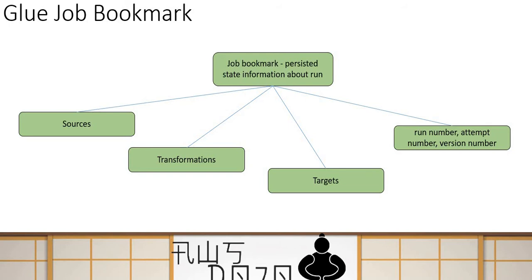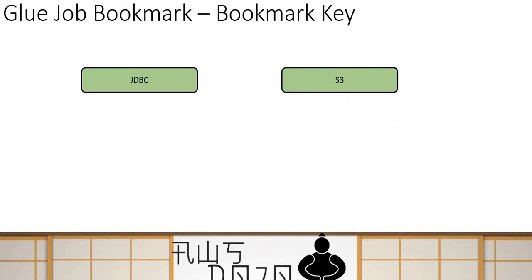Let's understand one of the very fundamental things of job bookmarks, which is the bookmark key. So what exactly is the bookmark key? The bookmark key is the column or the key in your source data which is used to determine what data is processed and what data is not processed.